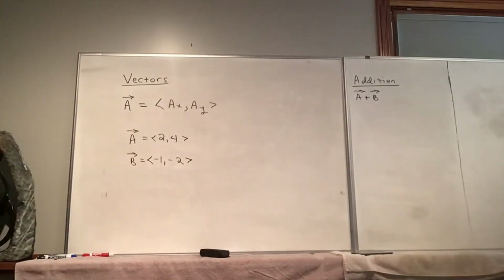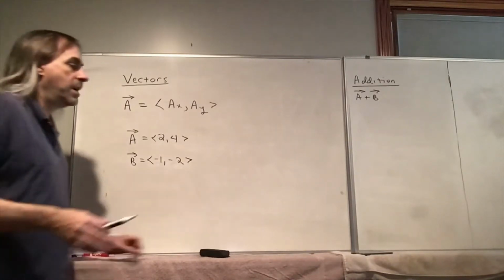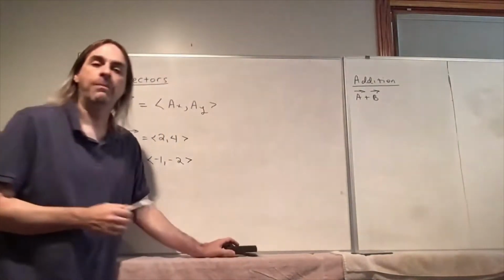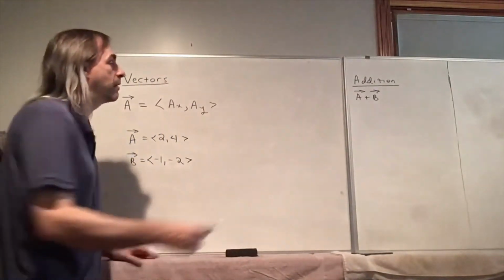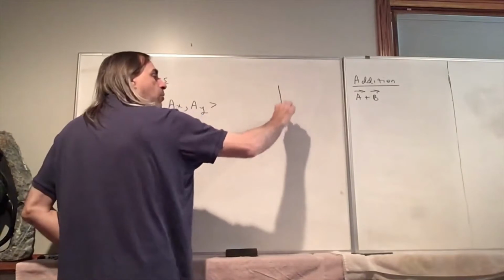So A and B. All right, now how would we define the addition of these two vectors? Now, the simplest vector to imagine is a displacement vector. So let's draw a coordinate system.